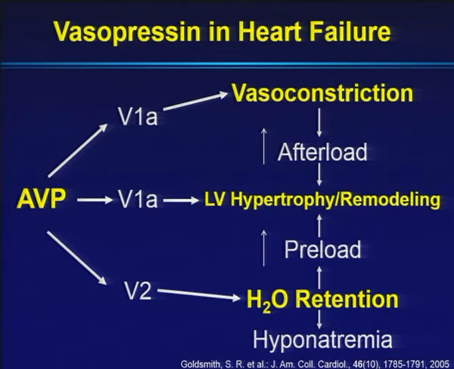If we stimulate water retention, then hyponatremia in heart failure is a serious problem, and this also contributes to the increase in preload. So in that scheme, the inhibition of arginine vasopressin should be effective to reduce the afterload and also improve hyponatremia in patients with heart failure.